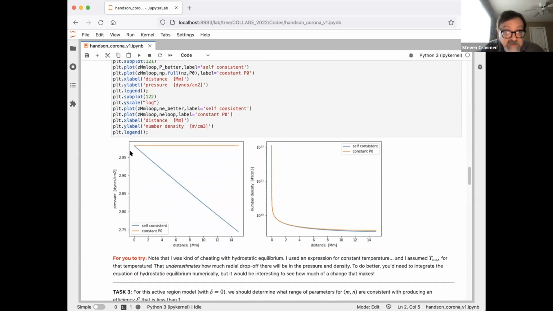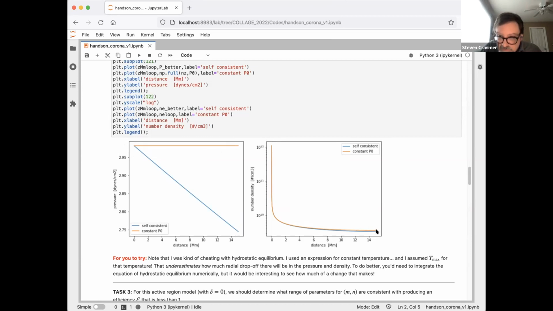It looks like when we look at the pressure as a function of height, the constant pressure is up here and the more realistic one diverges from it, but the numbers are really not that different. 2.96 versus 2.75, it's not dropping by that much. And of course, when you look at the number density as a function of height, the actual density is dropping by a lot more than the difference between those two curves.